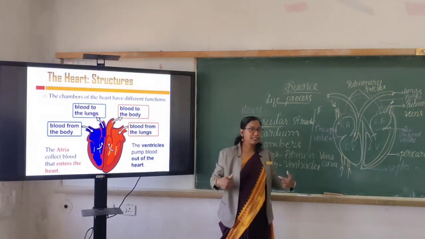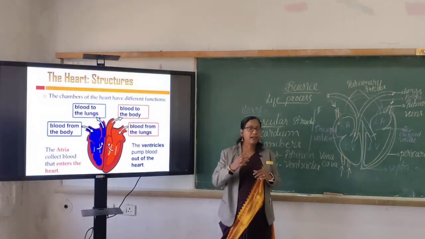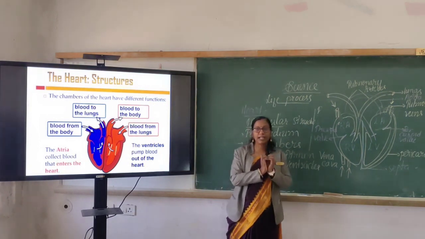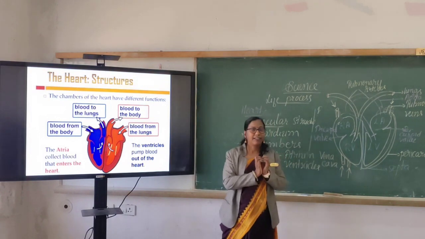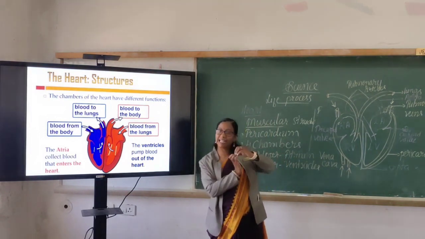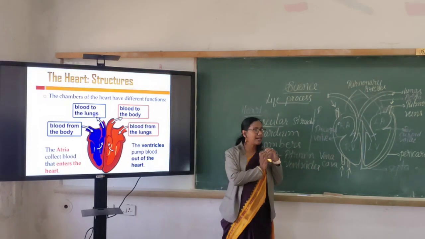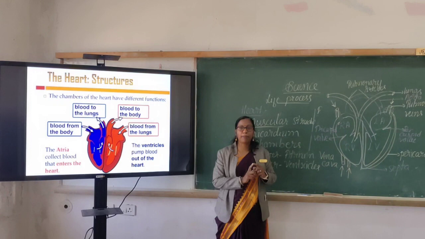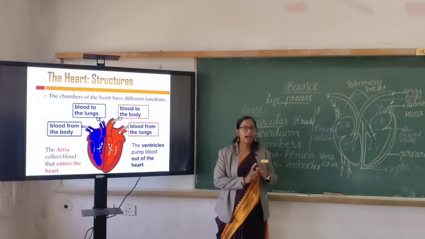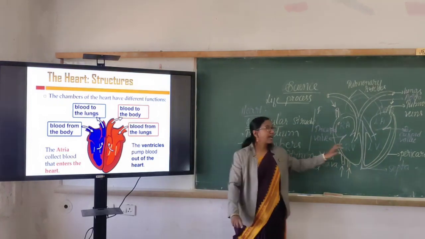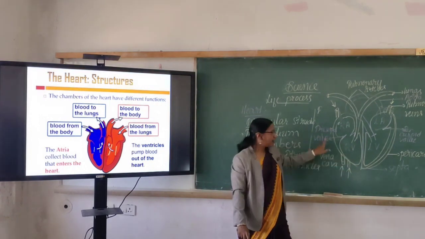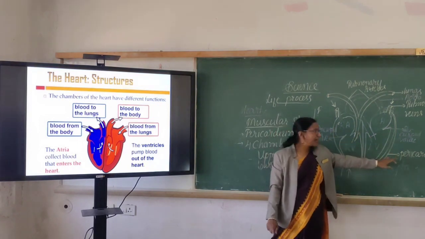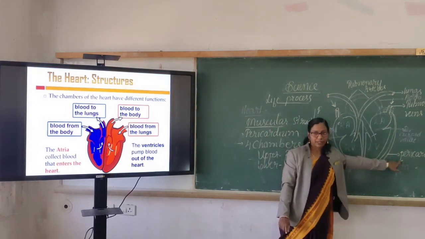We call it the chest cavity or thoracic cavity, and this heart is located where? In the middle of the lungs, slightly tilted towards the left, and this muscular organ is made up of cardiac muscle, correct? And it is covered with a thin fluid filled layer called the pericardium, correct?